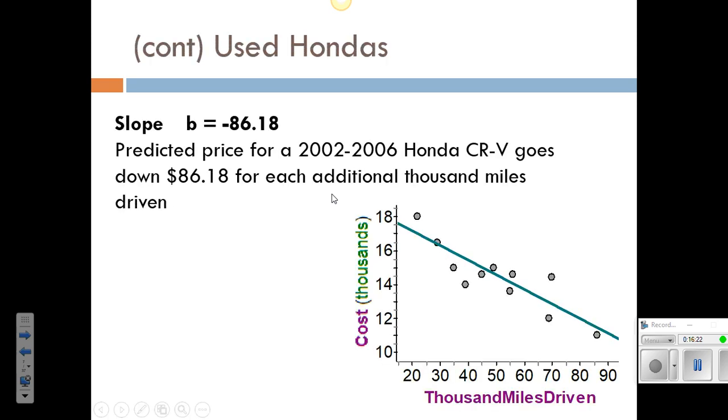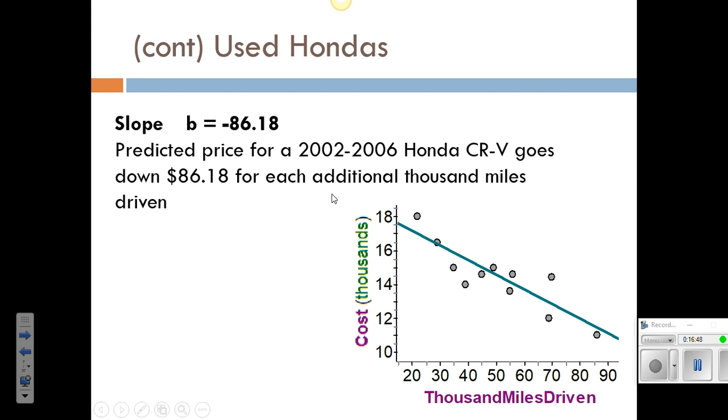So the slope here you can identify as negative 86.18. So in context, for each additional 1,000 miles driven, the predicted price of the car is going to decrease by $86.18. Or you can word it like this, as long as it has that general idea.